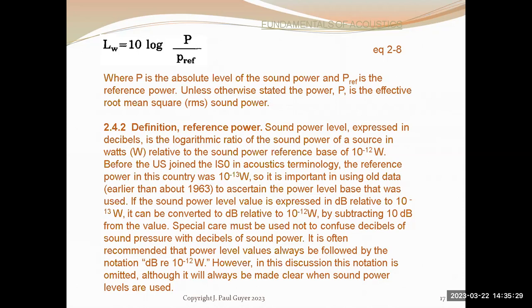Again, that is the sound power that is just barely perceivable by the young, healthy human ear, and that is 10 to the minus 12 watts.